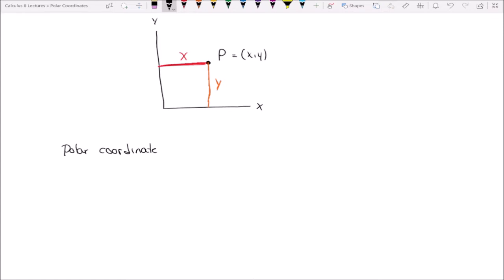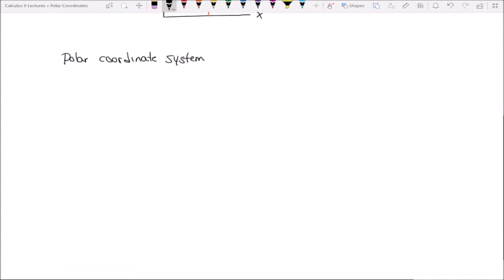So, the polar coordinate system. Again, we have our axes. Now our point is represented by an ordered pair r theta.